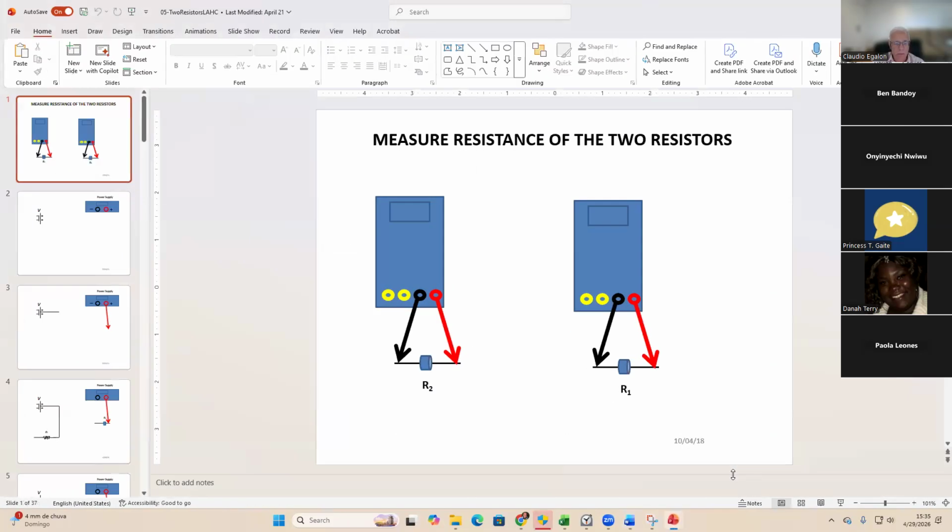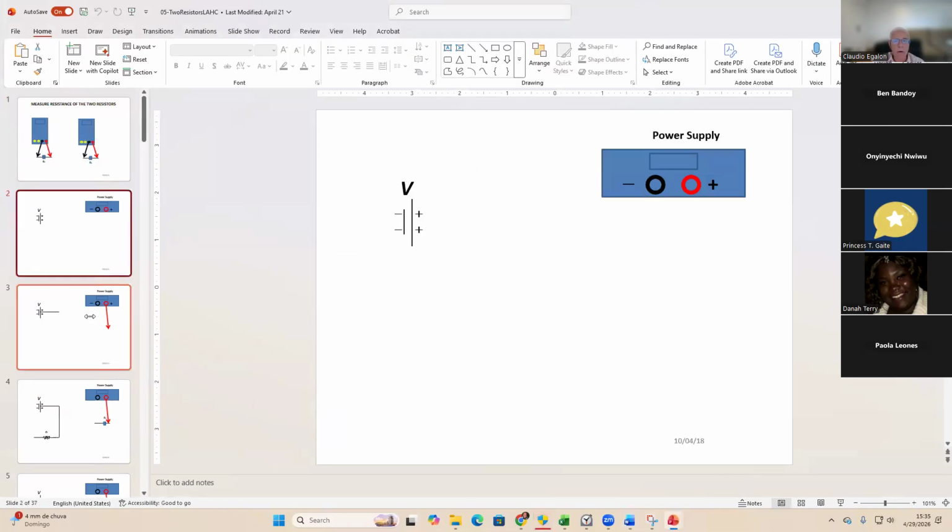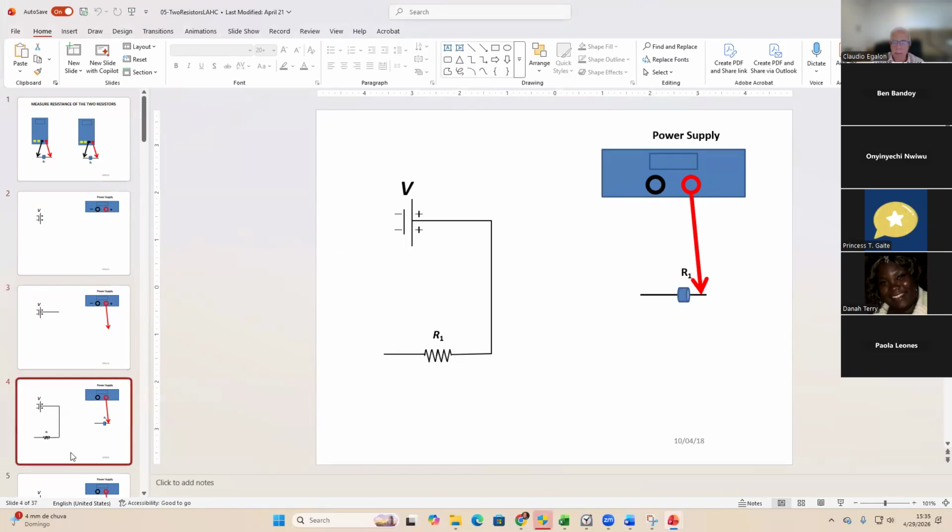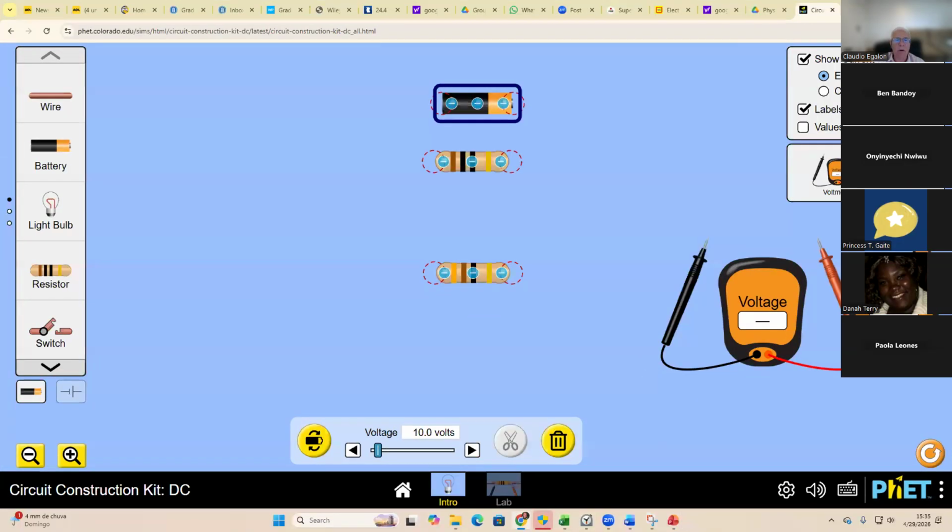So it is going to look like that. Here you go. Power supply, right? Here's the symbol of the power supply. Red banana cable. This arrow here means alligator clip, which clips into one end of the resistor. And that's what I'm going to do in this simulation as well.